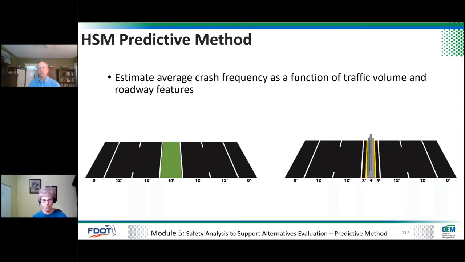Just for example, you could take these 2 cross sections on the left and right and estimate safety performance under option 1 on the left, estimate safety performance under option 2 on the right, and then compare and contrast safety performance, benefits and costs associated with safety, and use safety as an evaluation criteria alongside traffic operations, noise, all the other normal stuff.